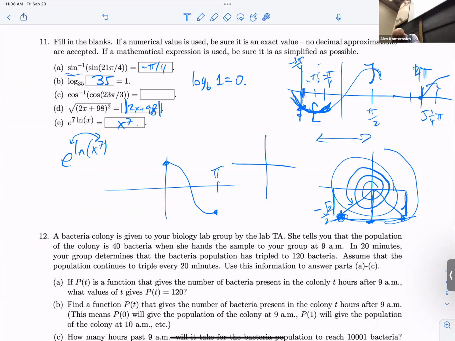So I'm going to go 7 times around. 1, 2, 3, 4, 5, 6, 7. 7 is the same as just going once to pi. So that's 21 over 3. And then I'm going to go another third pi, and 2/3 pi is over here.